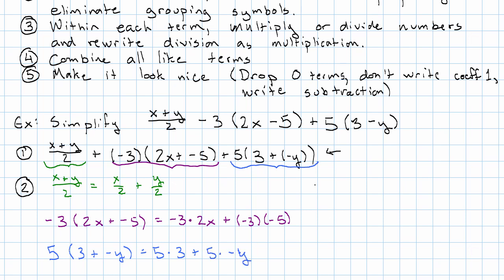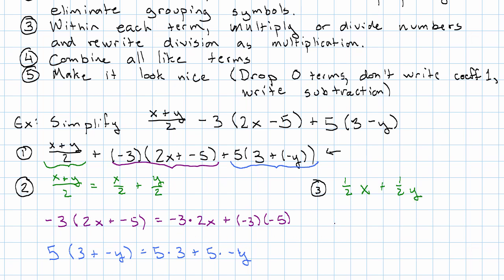For step 3, I'm also working within each term. Notice I have more terms now than I did in the beginning, but my x over 2 can be rewritten as 1/2 x. My y over 2 can be rewritten as 1/2 y.